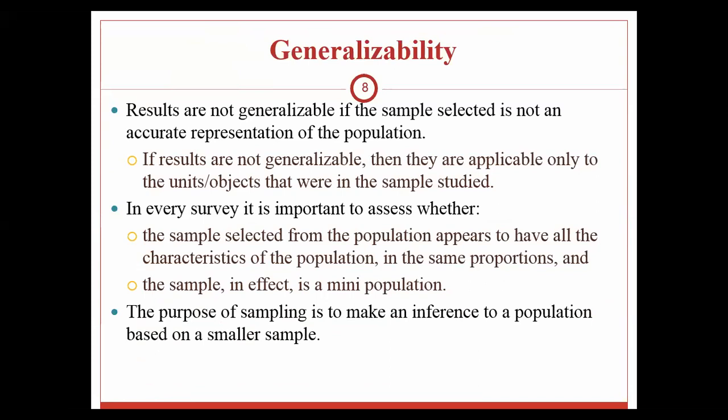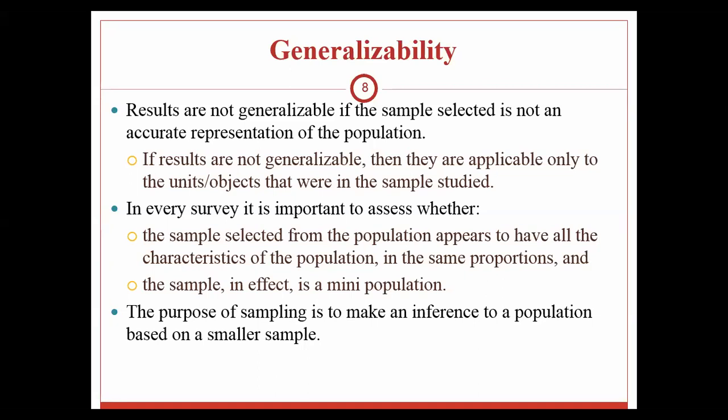Now, in case you did not sample very well, results are not generalizable if the selected sample is not an accurate representation of the population. If you have your sample but it doesn't represent the population well, then the results that you got from there, you cannot infer to the population.